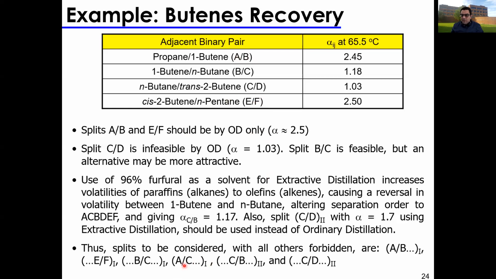You can eliminate the processes that don't do A and B and you'll still end up with the right choice. So once I only consider these splits, I'm going to narrow down my number of possible sequences to a relatively small number, maybe 5, 6, 7, maybe 10. And then once I narrow it to a small number, I need to look at other factors, primarily economics, to decide which one is the best sequence.